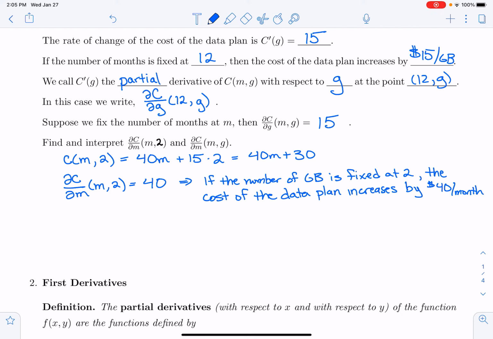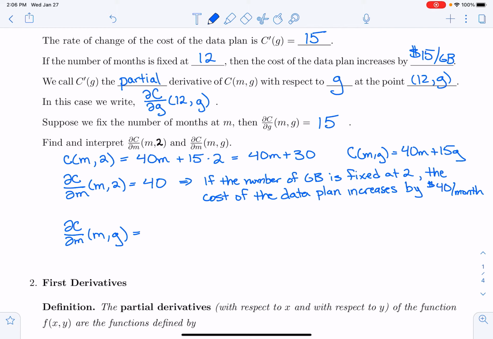Okay, so that works as a single variable function. What if we want to think about what is dC dM, where we're going to evaluate that at (M, G)? What is that derivative going to be? Well, hopefully you'll see that C of M, G, I'll rewrite it for us here, C of M, G is 40M plus 15G.